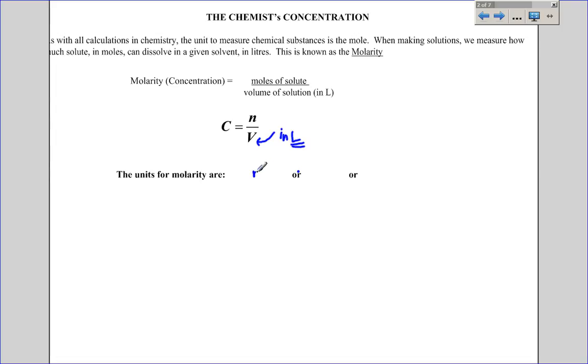Now the units for molarity are varied. So the most basic form is to have the units being moles per liter, which is just using the moles in the numerator and liter in the denominator.